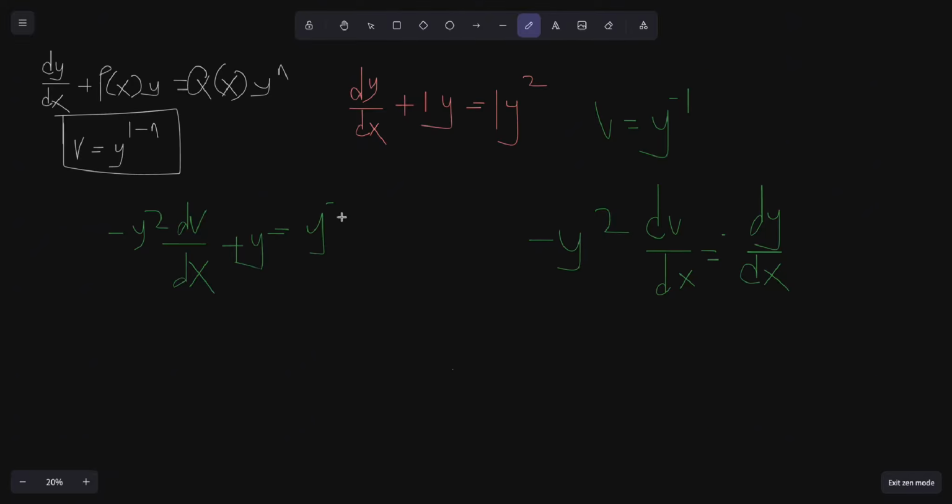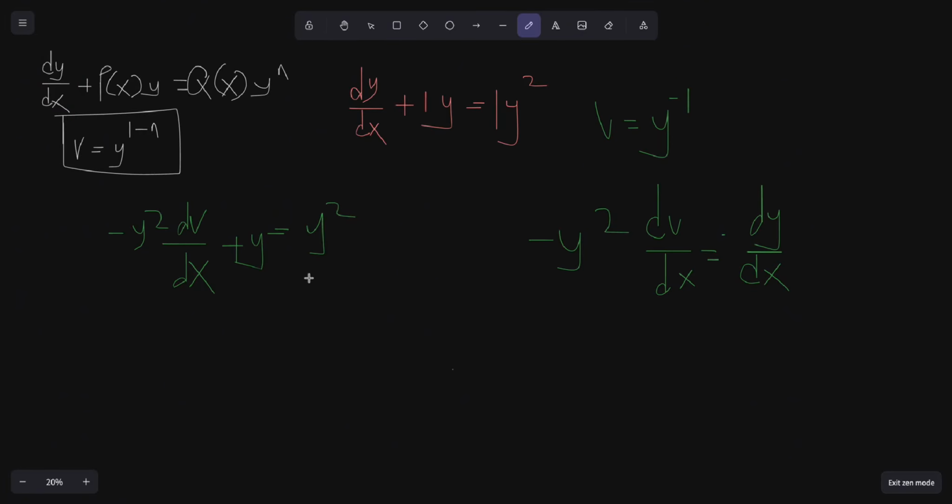Oh, I have a factor of y in all these terms. How about I make my life simple and just divide by negative y squared, right? Because in order to turn something into a linear differential equation, we have to have this dy/dx, or in this case, dv/dx, without anything in the front. We just want it naked.